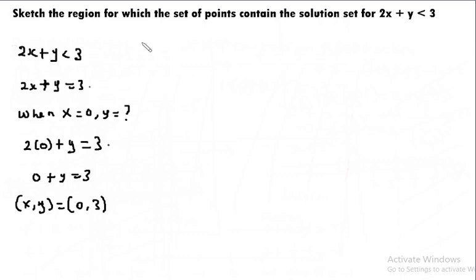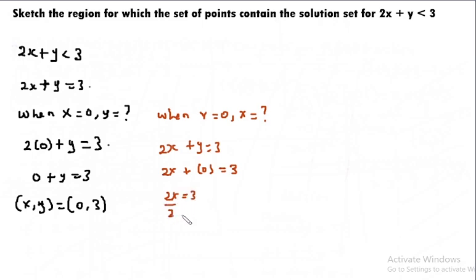Another thing we want to answer is when y is equal to 0, what will x be? Our equation is 2x plus y is equal to 3. Plug in 0 for y, so that 2x is equal to 3.